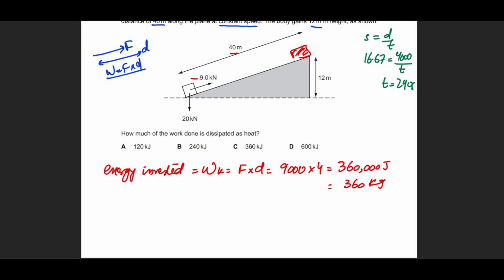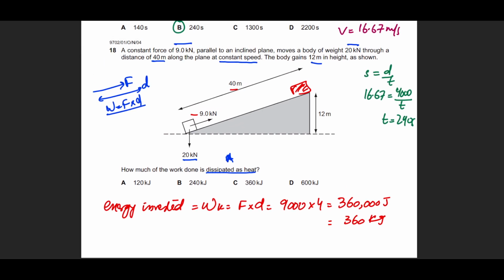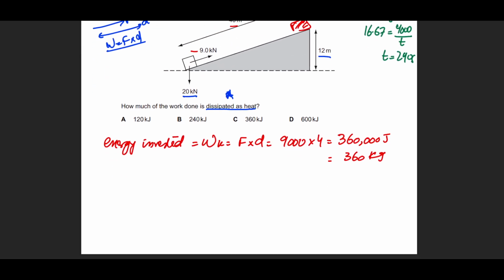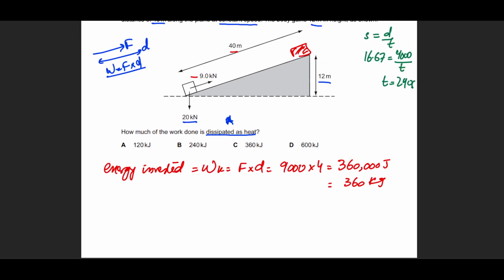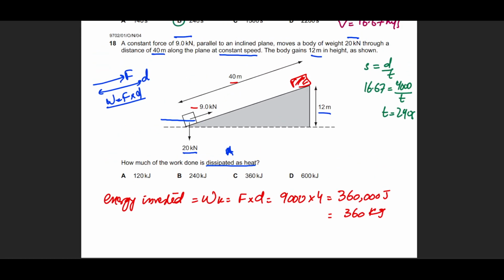Now, he says what has been dissipated as heat, which means that something extra has been done in the system. This is the first suspect that you should look for, that something is not right. He's given you the weight and he's given you the height. What we've observed is that it has gained some gravitational potential energy by moving from this point to this point.